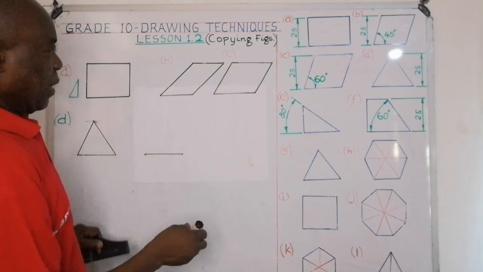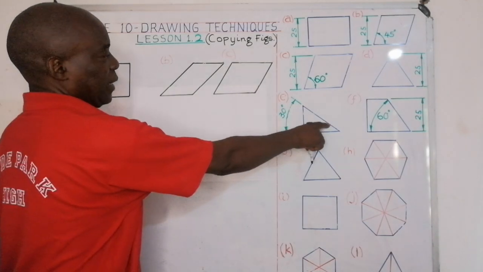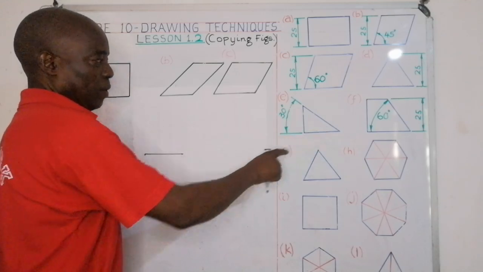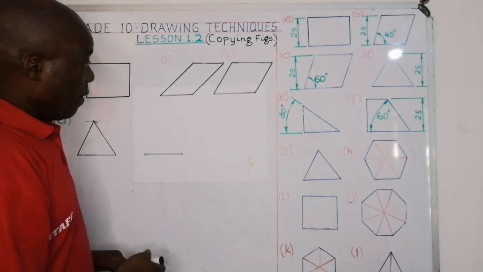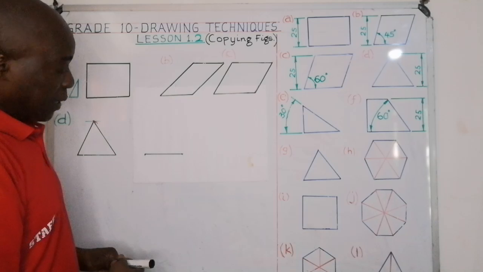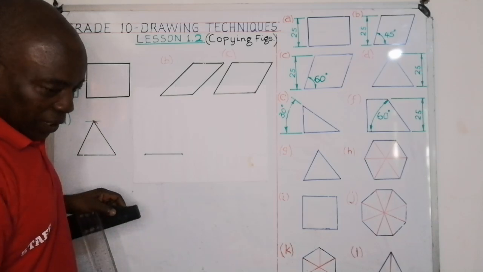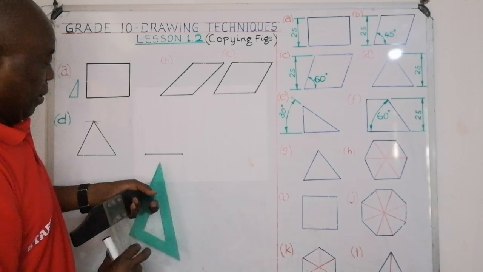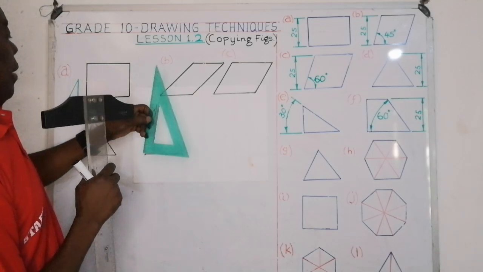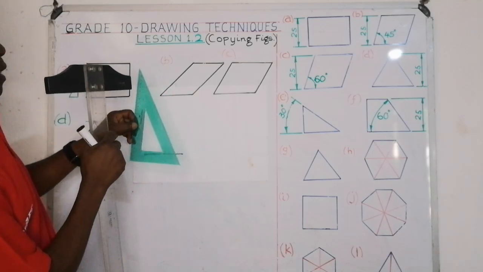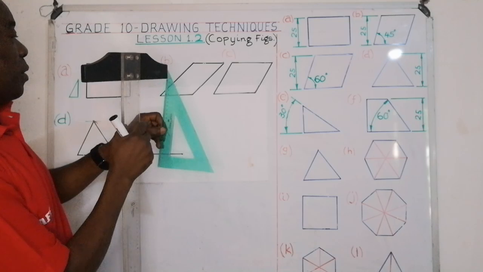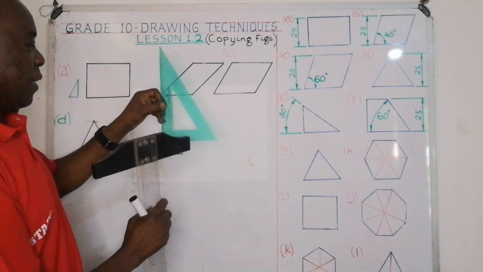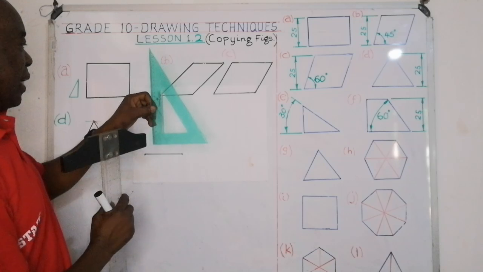Right, and then we are given that this side here is at 30 degrees to the horizontal, and then I can use my set square, because these set squares are designed in such a manner that this smallest of the angles is 30 degrees, and this one is 60 degrees, this one is 90.